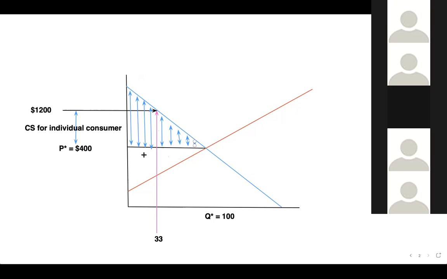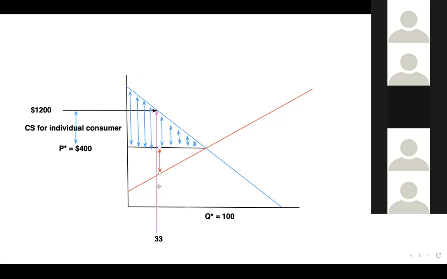Yeah. So likewise, for an individual producer, we have an analogous concept of the individual supplier's producer surplus, which is the distance between the price they receive for the good.